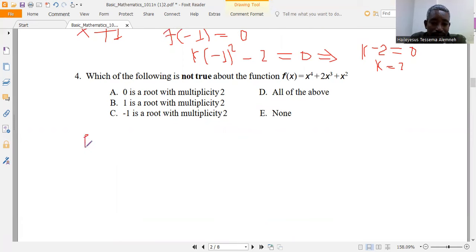Which one is not true? 0 is a root with multiplicity 2, which is true. 1 is not a root. Minus 1 is a root with multiplicity 2. So the statement that is not true is B: 1 is not a root of this polynomial function.